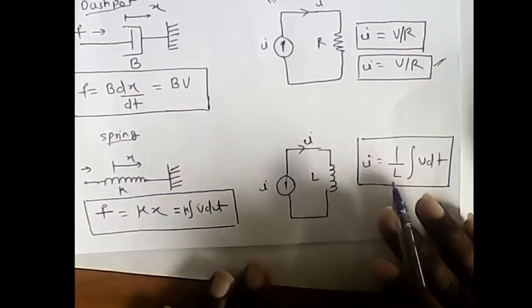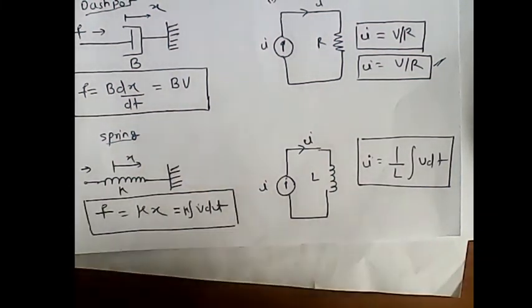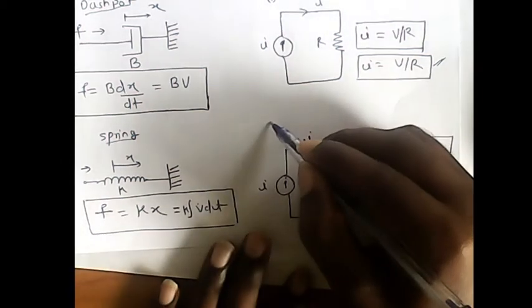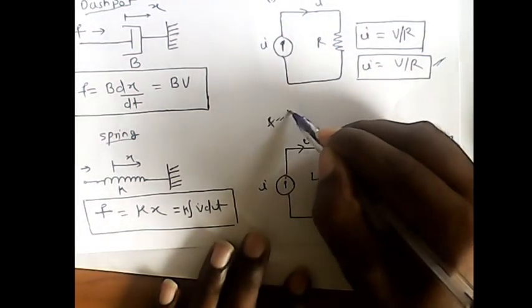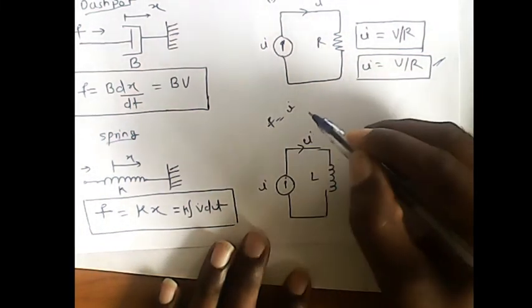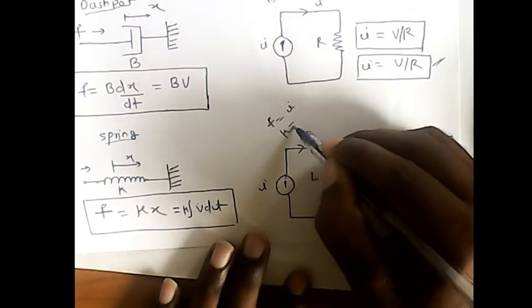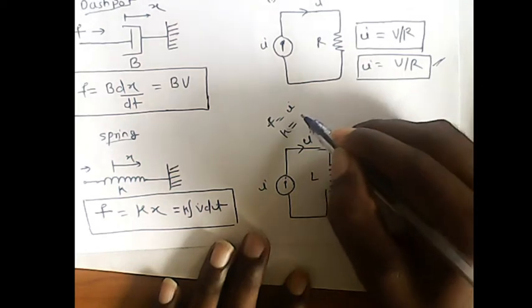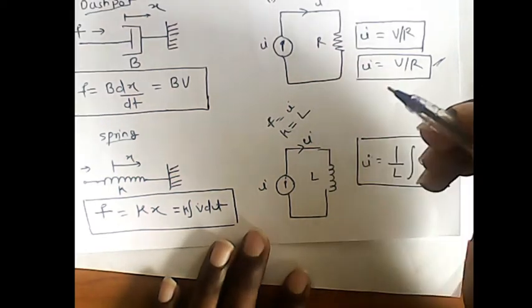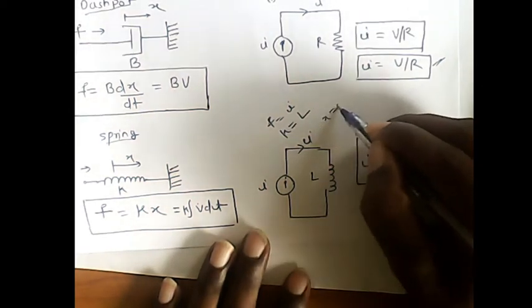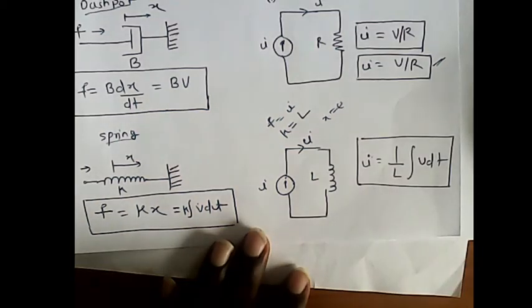And how do we write this spring in terms of the electrical parameters? So force is equal to the current source, your spring constant K is mapped into an inductor, and the displacement is mapped into electrical voltage.